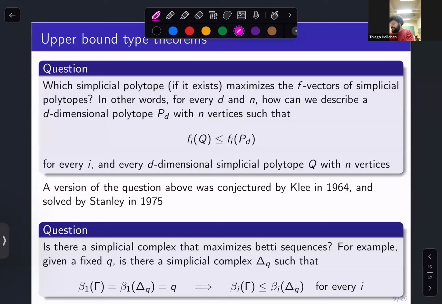It's not hard to prove, but you need an argument that this first number is the number of minimal generators of the Stanley-Reisner ideal. So in some sense, what this is saying is that it doesn't matter if you keep adding vertices. If you don't add new minimal non-faces, you can't increase it as much as you want, which is not really intuitive, right?